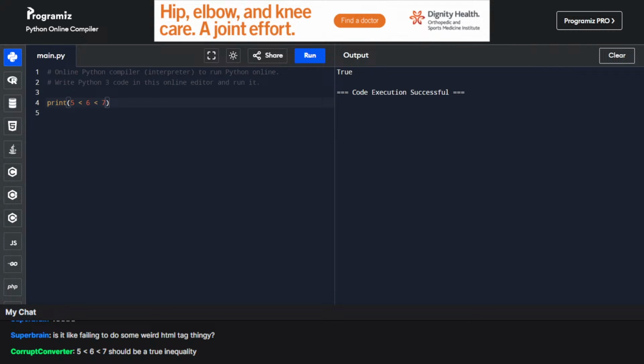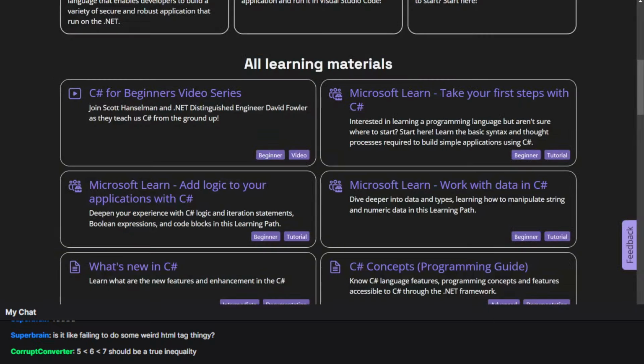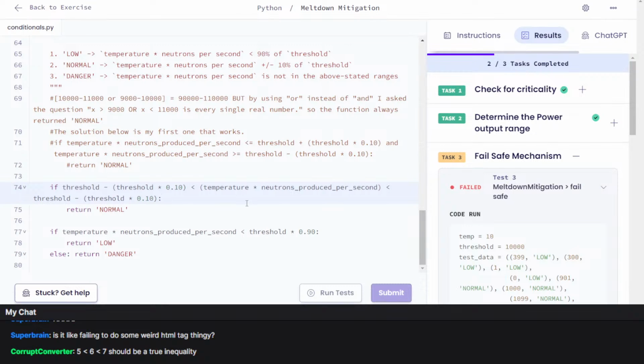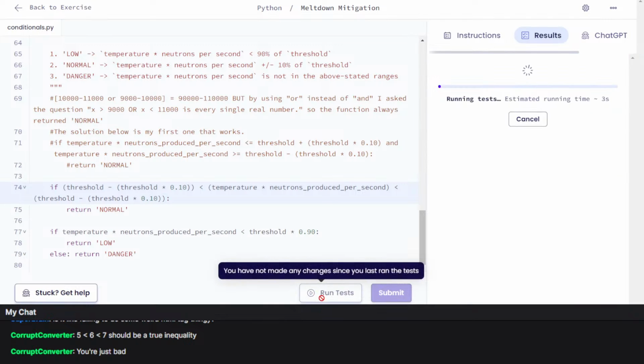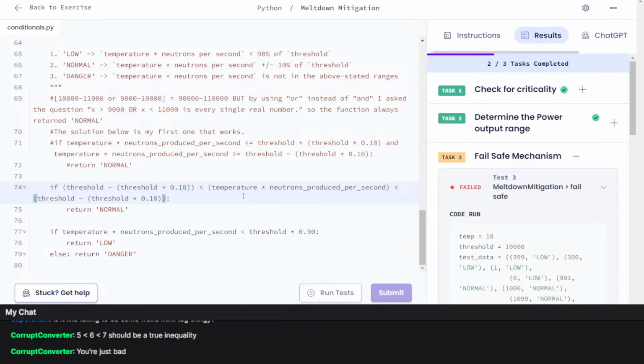So what's wrong with what I wrote? What's wrong with this? Is it because I have to put more parentheses? I hate this.